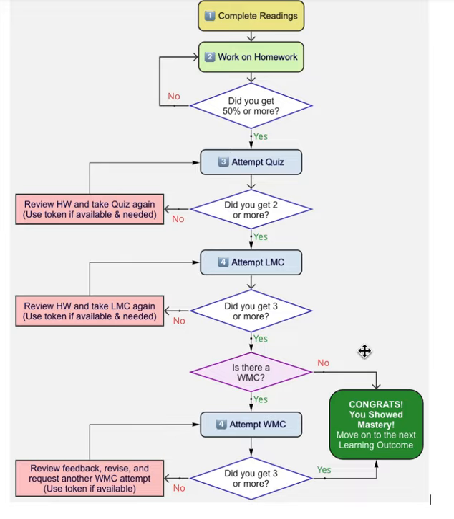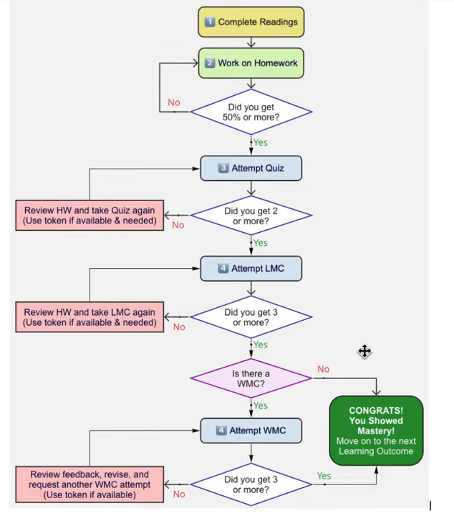So that's basically what the process looks like. Every single learning outcome will behave the same way. You start with readings, you do homework problems. Once you do enough homework problems, you can attempt the first mastery check, which is the quiz. Those are a little easier, so to speak. Once you finish that, you try the slightly harder learning mastery check.